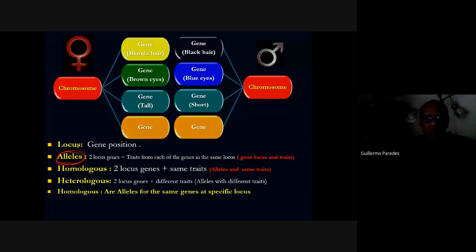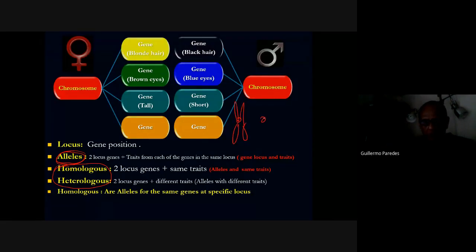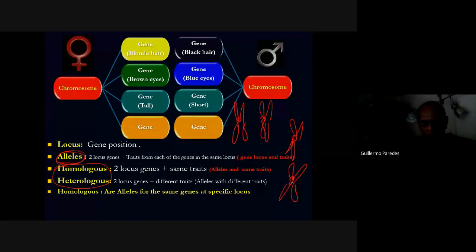Okay, alleles. Homologous chromosomes are going to be, for example, when you compare two chromosomes. This is the one that contains the hair department. This is the father.